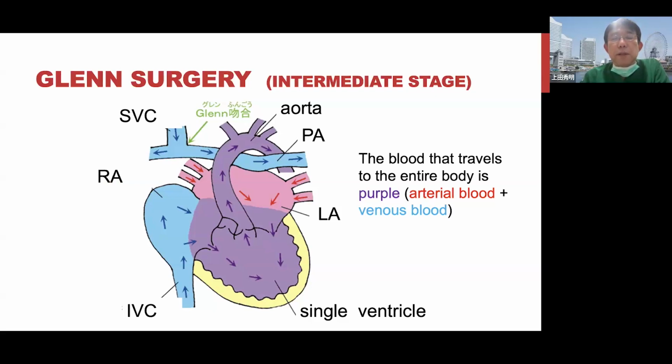After that, the blood will be mixed from the atrial blood and the venous blood. As you can see in these pictures, the blood from the lower part of the body, in blue, will enter the single ventricle, and then the red blood from the LA, the colors will be mixed, so it will turn purple, and then it will go to the aorta.